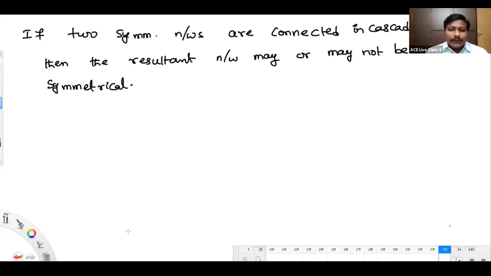Then the resultant network may or may not be symmetrical. So I think all of you are getting this point, what I'm saying. The resultant network may or may not be symmetrical.